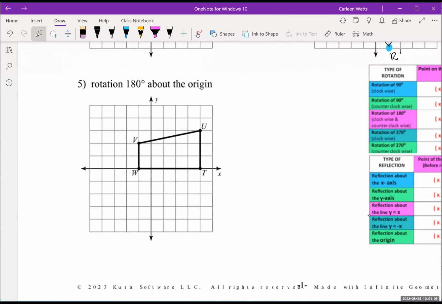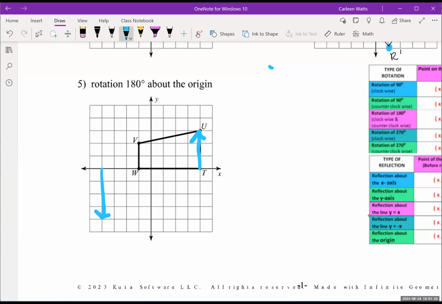Okay, rotation 180 degrees about the origin. Notice it doesn't say clockwise or counterclockwise. So, shall we try the stick method? Yeah, let's try the stick method, and then we'll look at the chart. Stick number 1 rotates 180 degrees.